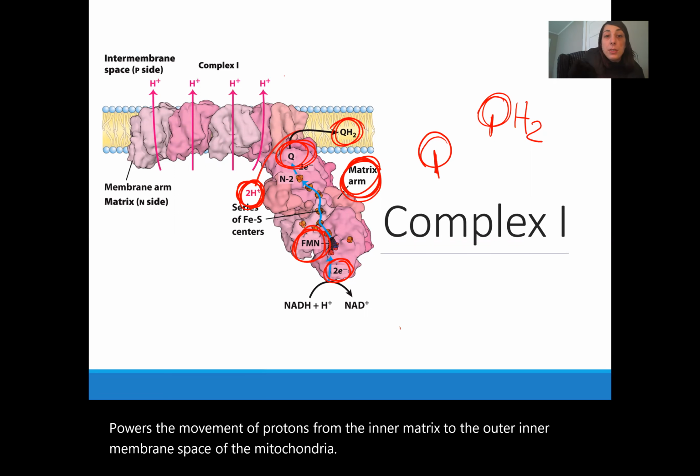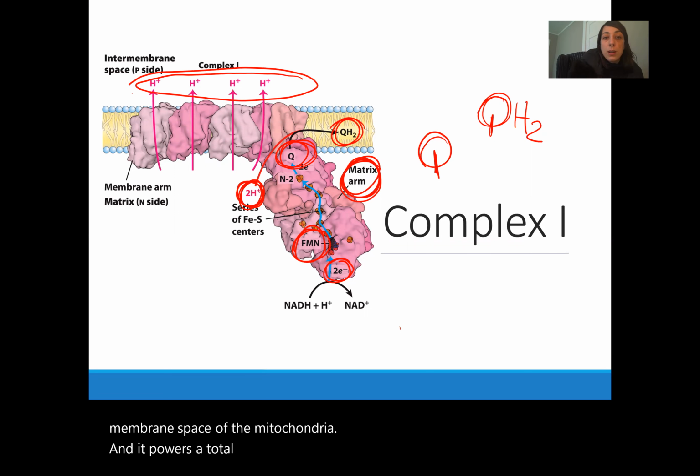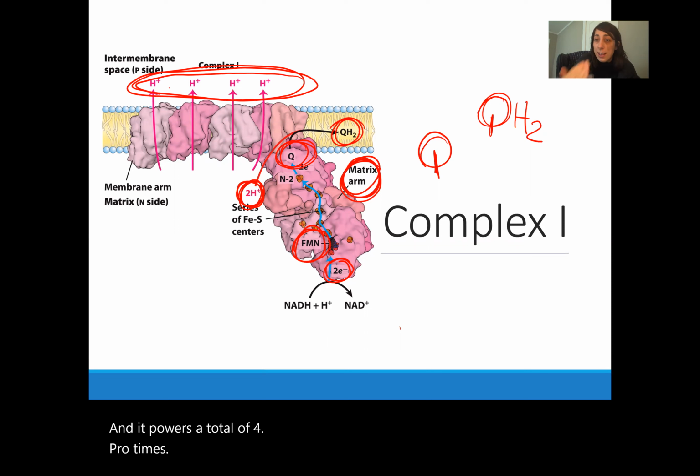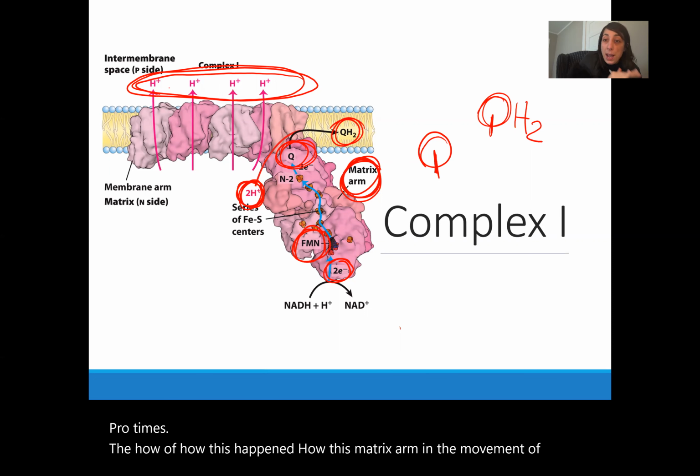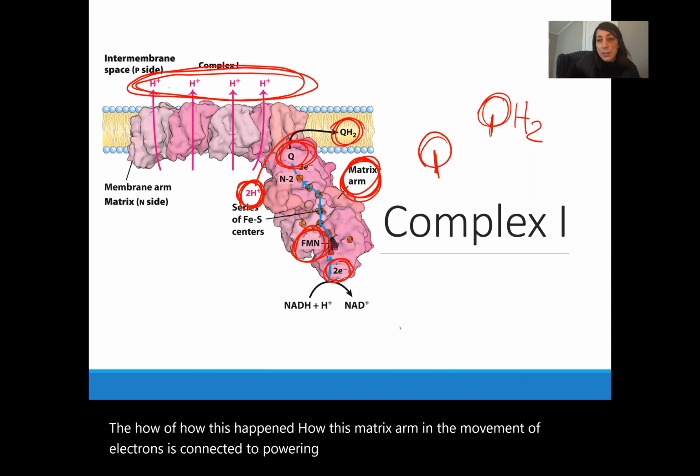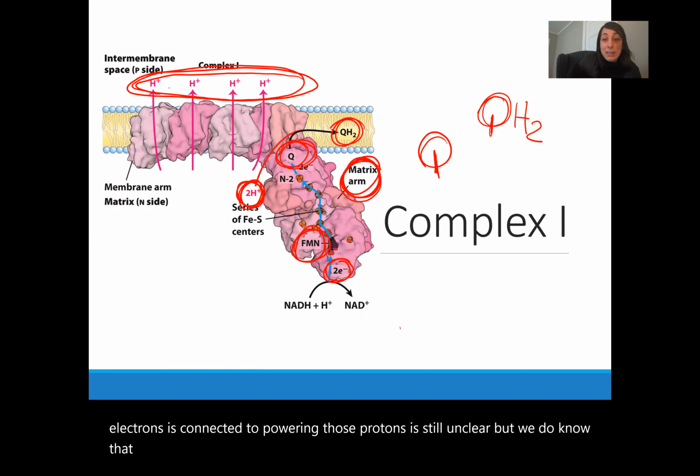And it powers a total of 4 protons. The how of how this happens, how this matrix arm and the movement of electrons is connected to powering those protons is still unclear. But we do know that electrons move through this portion, and somehow that powers this then movement of protons.